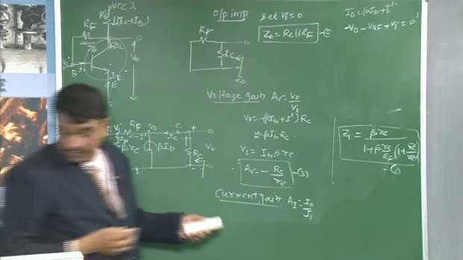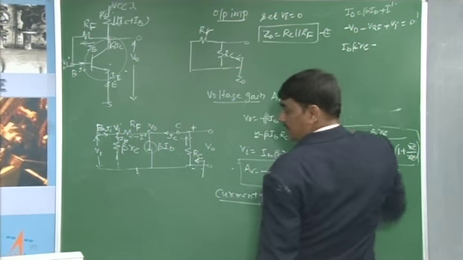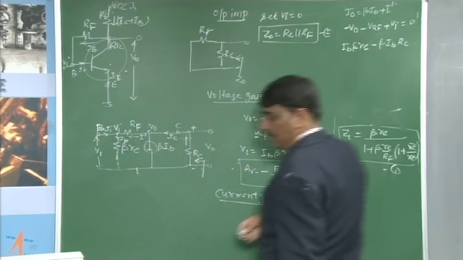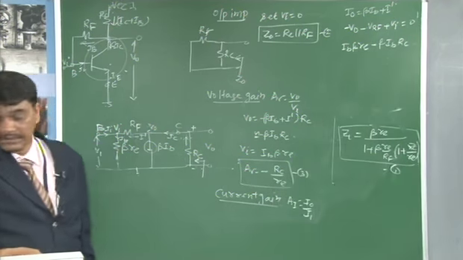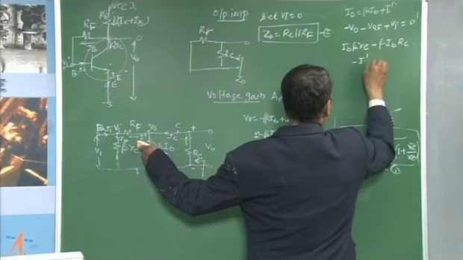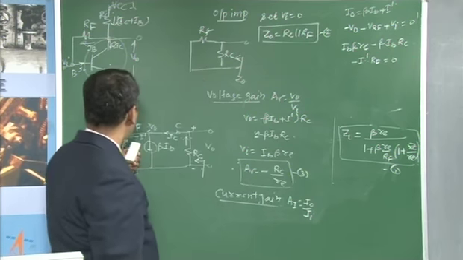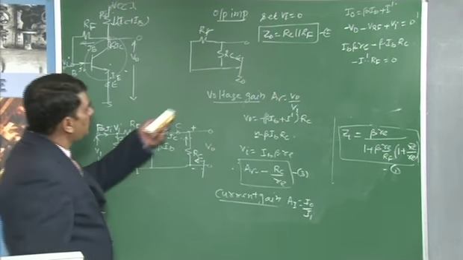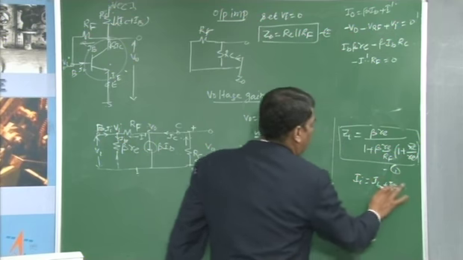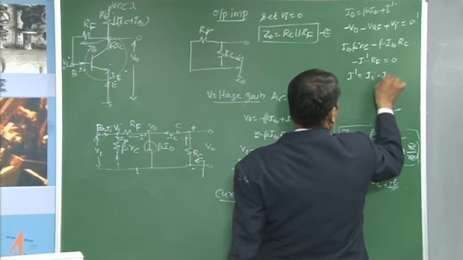Then Vi is equal to IB beta times RE, minus V naught, which is beta times IB RC, and the voltage drop across RF is given by the current flowing through it, minus I dash into RF, is equal to 0, where I dash is the difference. From the equation we already know that Ii is equal to IB plus I dash, so I dash is equal to Ii minus IB.